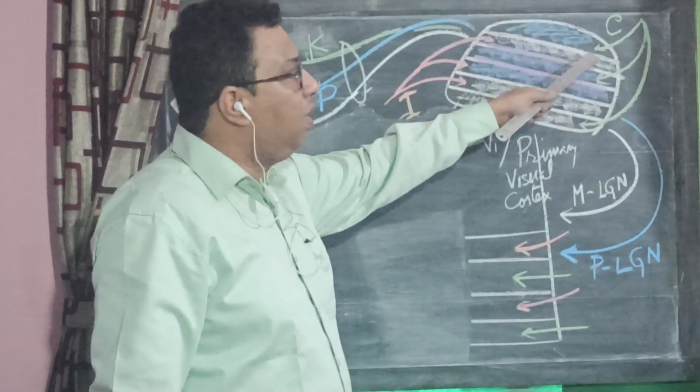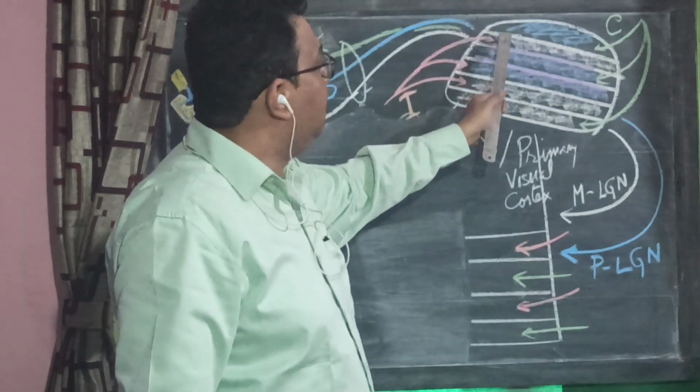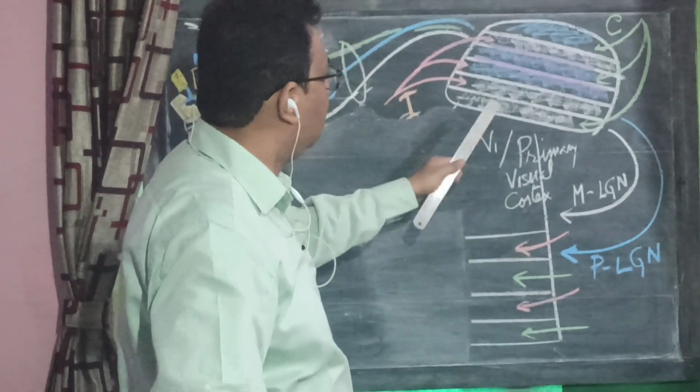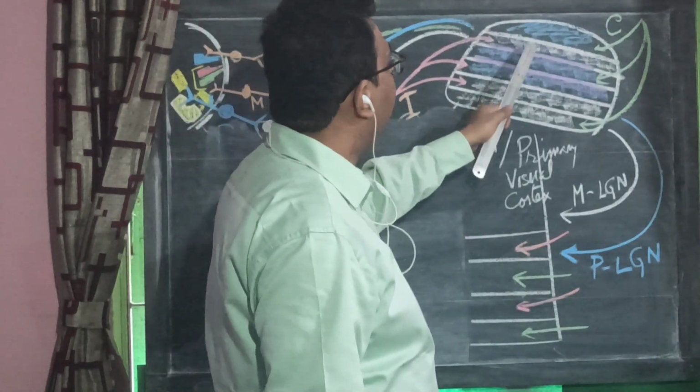So the lateral geniculate nuclei is seen to be divided into 6 parts. Okay. 1, 2, 3, 4, 5, 6.